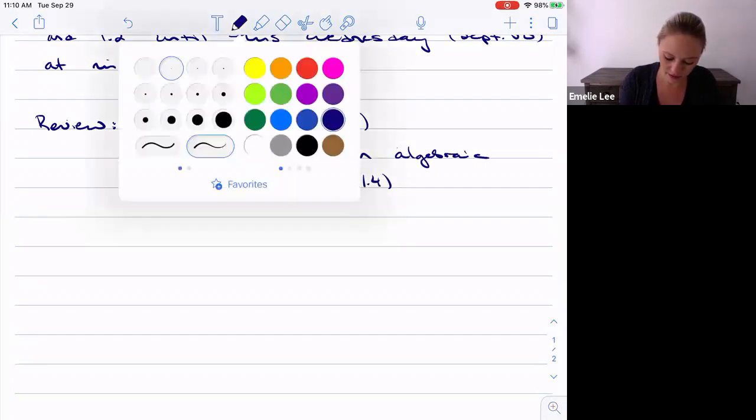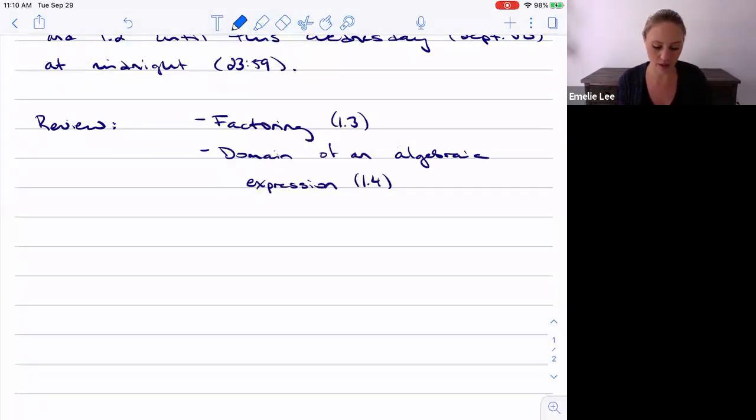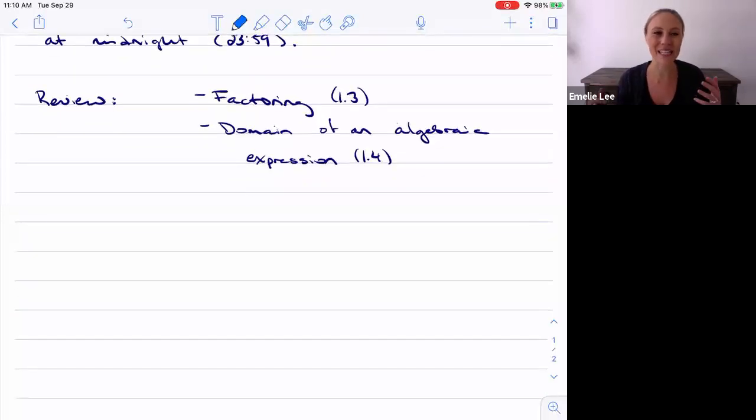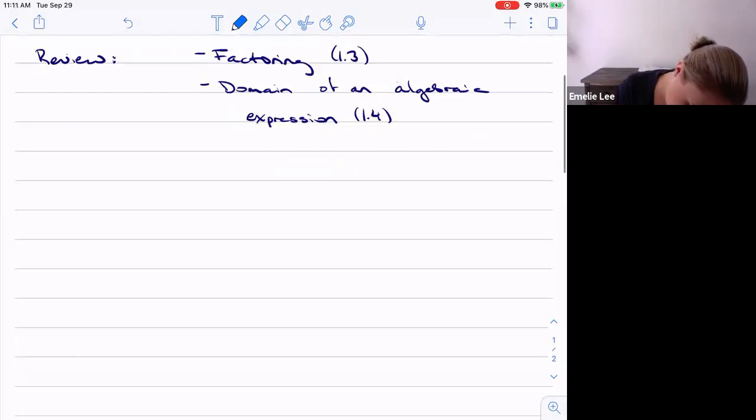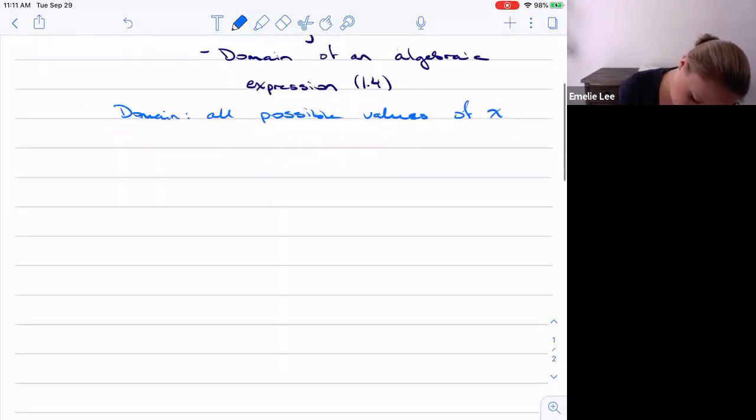Now, for the domain we started saying that we can't have any illegal math. If there are any inputs, or typically any x's, that result in illegal math, then we have to pull them out of the domain. Remember, the domain is all possible values of x, or inputs.